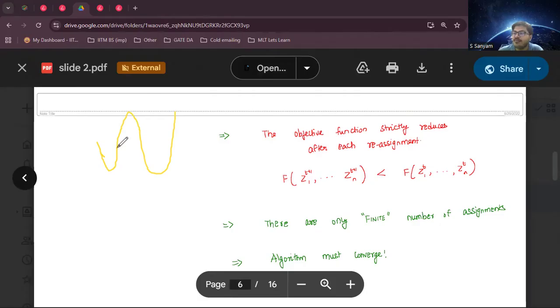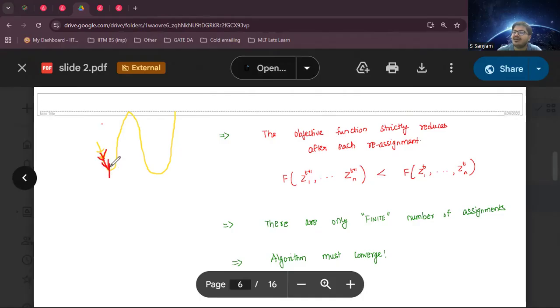So, basically, this is the point where I am, where the objective function is, and it is minimizing. It is going in this direction, and it will approach in this direction.